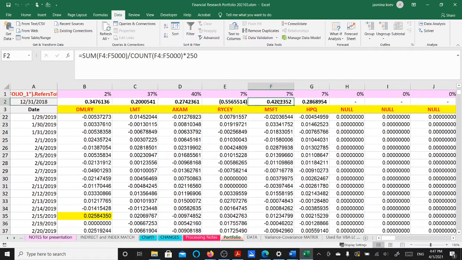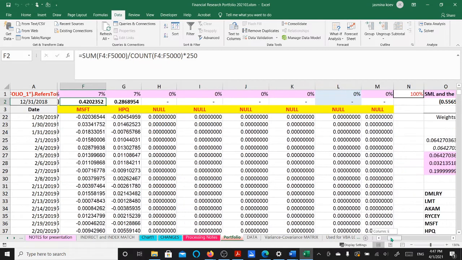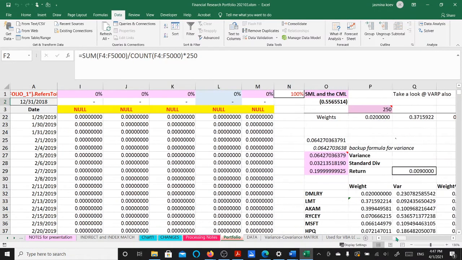So at 42%, I'm expecting the variance of the portfolio to be 100% invested in that stock. So whatever that stock's variance is, that will be the variance of the portfolio.